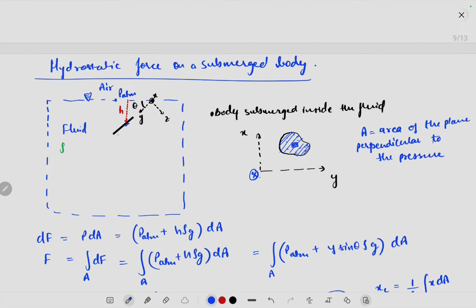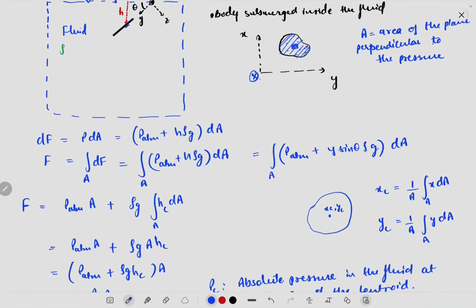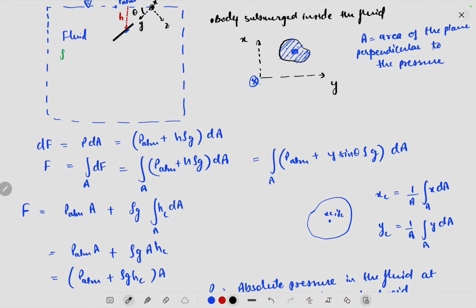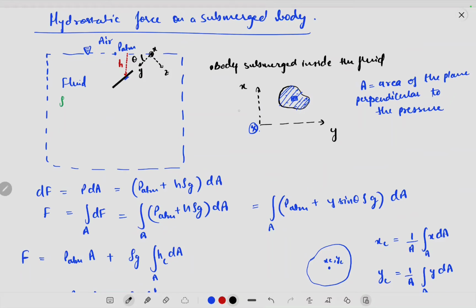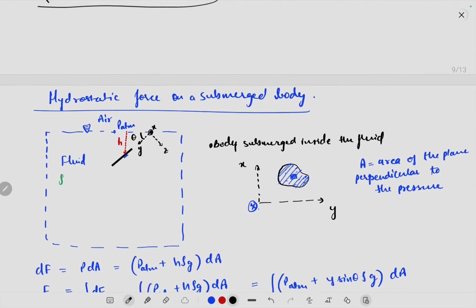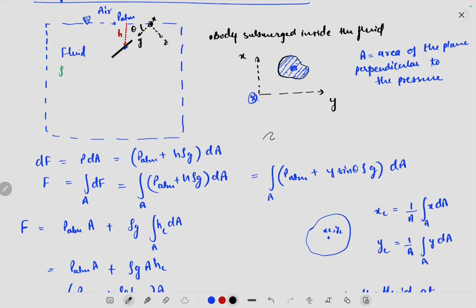Let's again see this body. Let me just draw here.